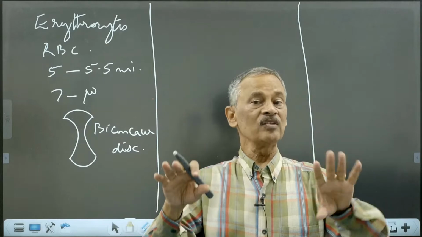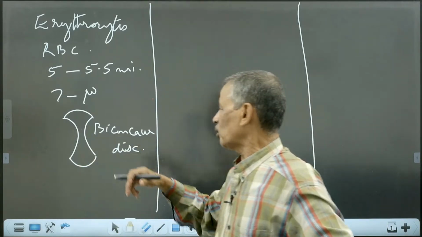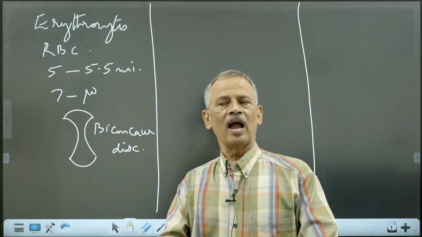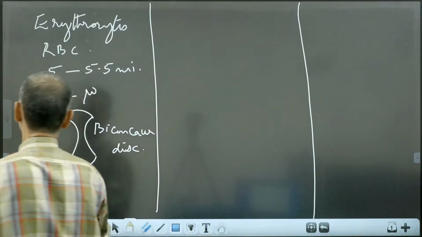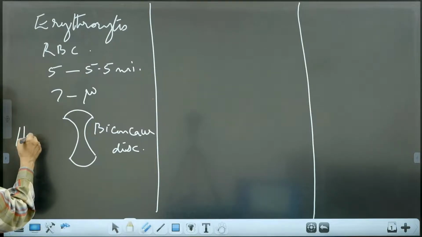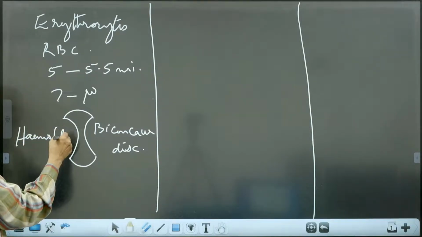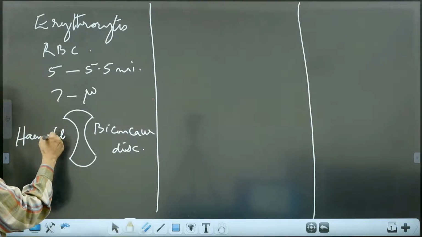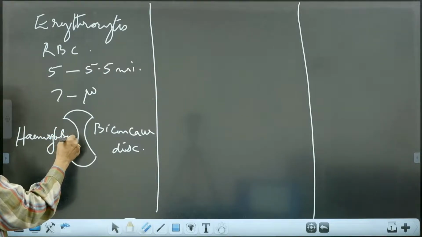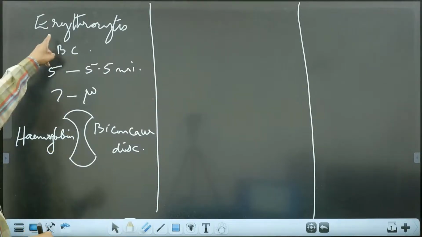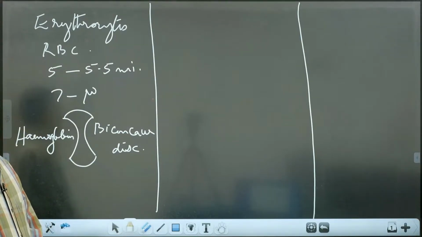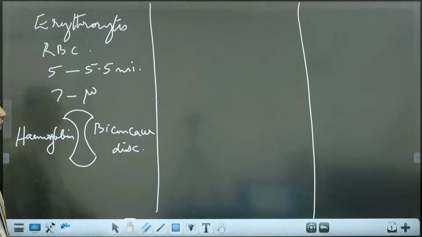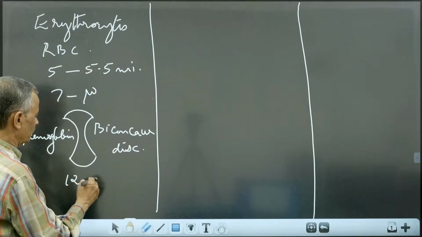When the nucleus is removed, it attains this biconcave disc shape and the interior will be filled with the hemoglobin. So it is because of the hemoglobin that it is having color. And because of the red color, it is called erythrocytes. These erythrocytes are having an average lifespan of 120 days.